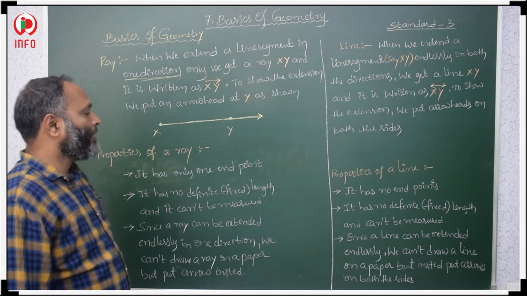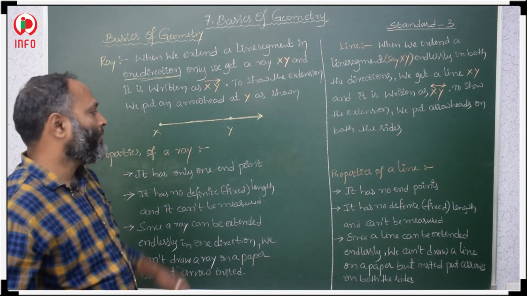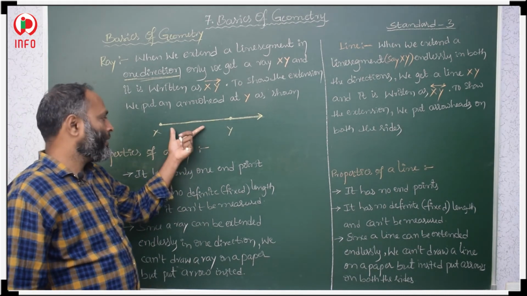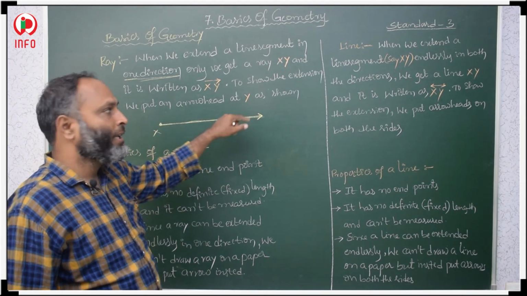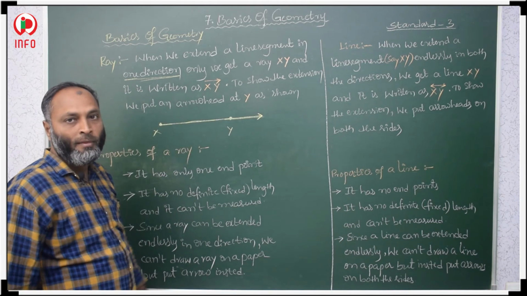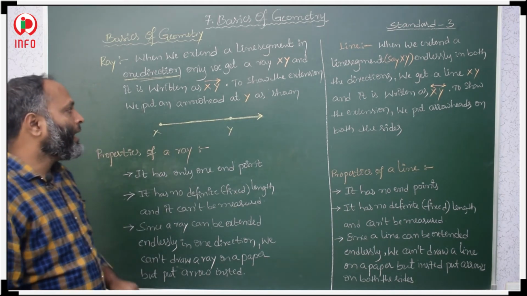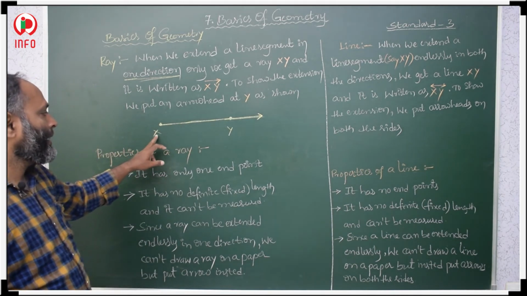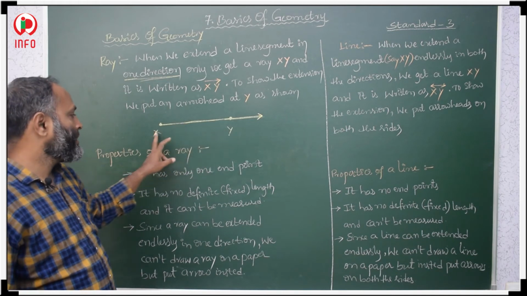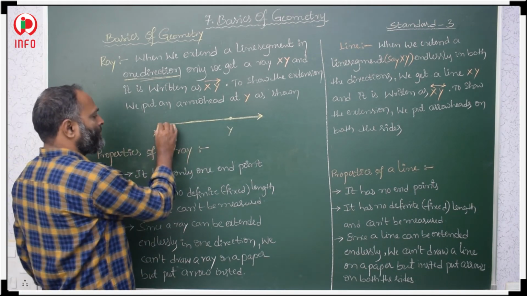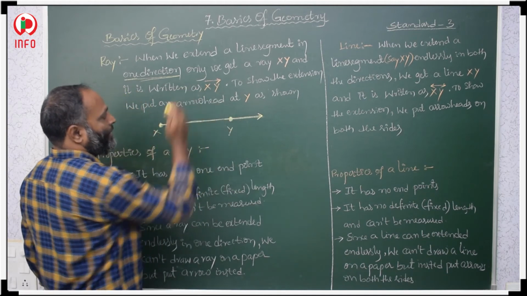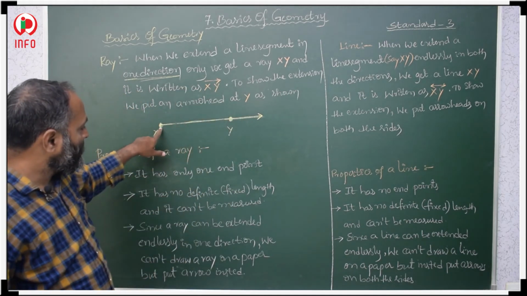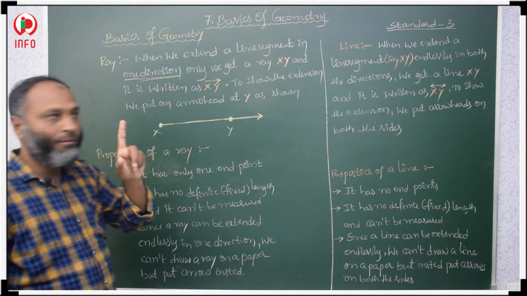Then what do we form here? If you extend a line segment in one direction, then you form a ray. Then how do we represent this ray? This is point X, this is point Y, ray XY. Then X is one endpoint. So we have one endpoint.